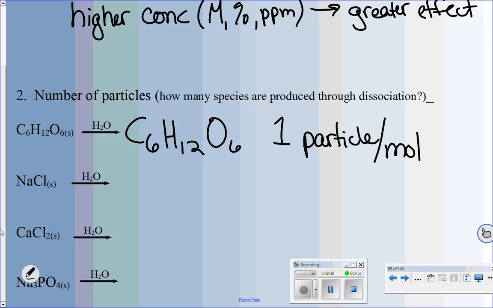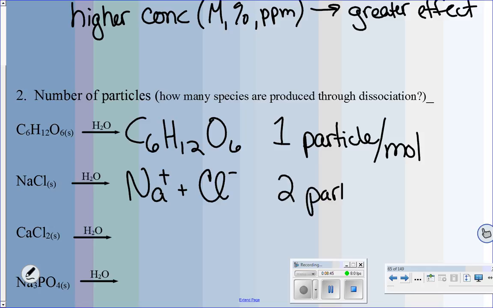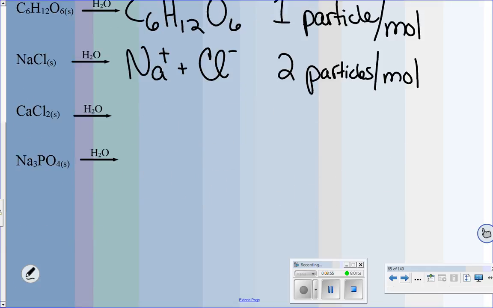However, if you put salt into water, since it dissociates, what you actually get are 2 particles per mole. So if you had a mole of salt and a mole of sugar and you put them in the same amount of water, you're going to have greater effect with the mole of salt on things like the boiling point or freezing point. So that's why you don't put sugar on the roads, among other reasons.